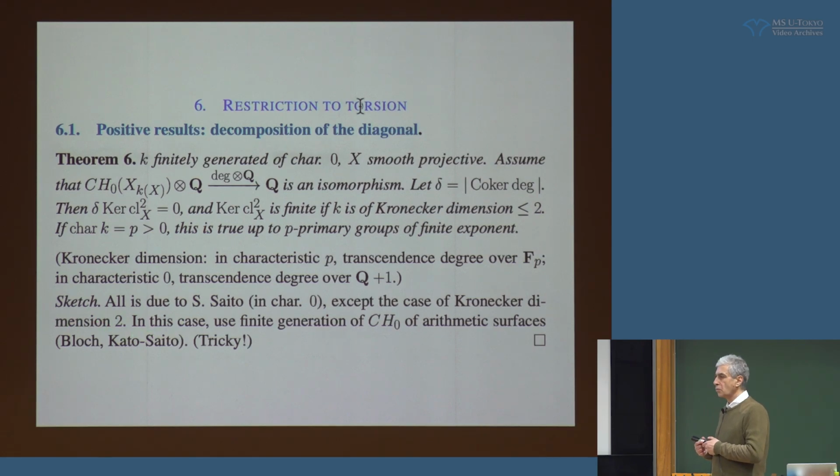So it means function fields of surfaces in characteristic P and function field of a curve over Q in characteristic 0. And in both cases, the point is to use that Chow 0 of arithmetic surfaces is finitely generated, which is due to Bloch in characteristic 0 and Saito in positive characteristic.